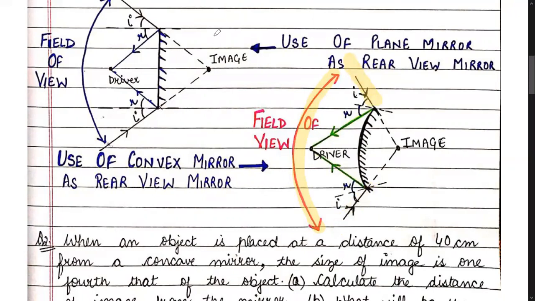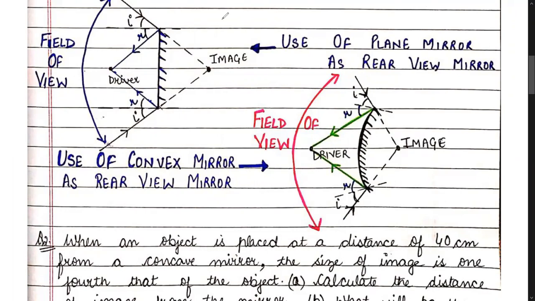So if you compare the field of view of both plane and convex mirror, you can easily observe that field of view of convex mirror is more than field of view of plane mirror.